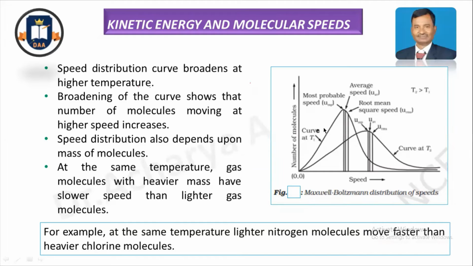Another observation, as I discussed, is that as temperature increases, the speed distribution broadens. This broadening of the curve shows that the number of molecules moving at higher speed increases, because this higher speed point is above the T1 point.